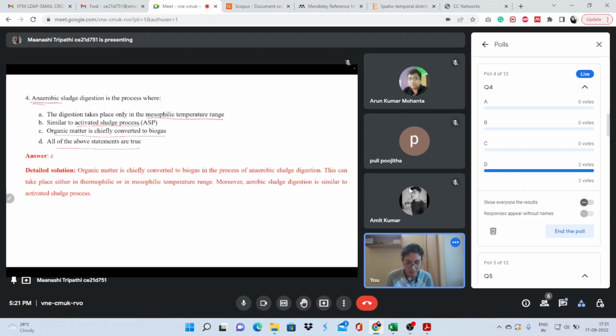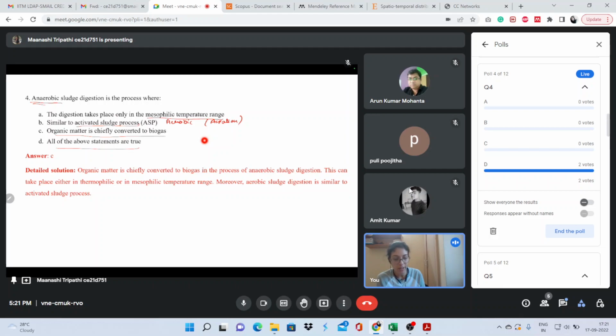Answer is C. Organic matter is chiefly C. Those of you who have answered all of the above, aerobic process is similar to ASP. Okay, aerobic process, because in ASP we apply aeration, which is an aerobic process.